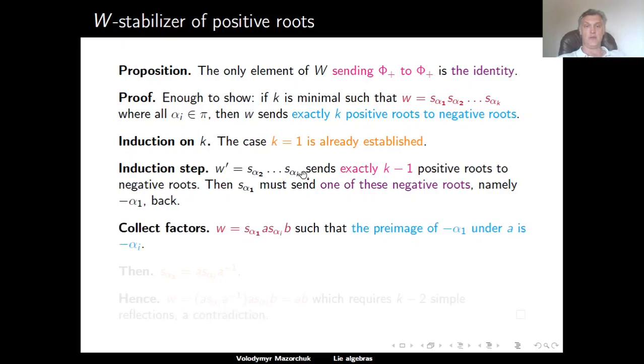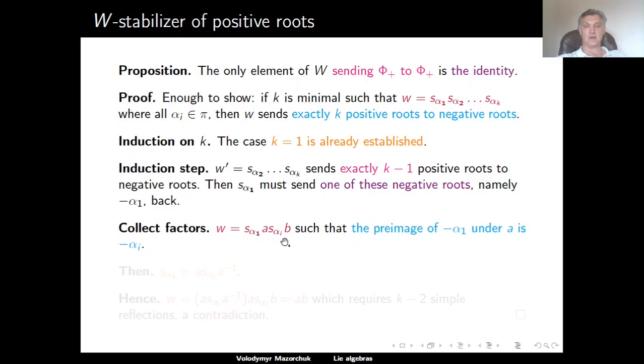Now we write the element W in the following way. S alpha 1 is our first element, and in the element W prime, we pinpoint the simple reflection S alpha I inside, which sends the root alpha I to the negative root minus alpha I, and this negative root minus alpha I is exactly the preimage, under the element A between S alpha 1 and S alpha I, of the root minus alpha 1.